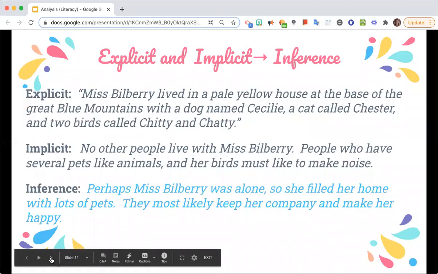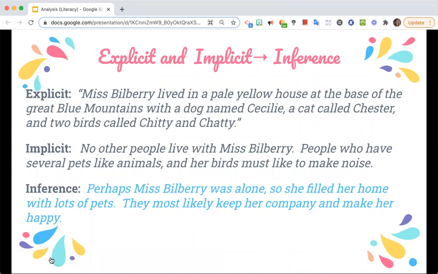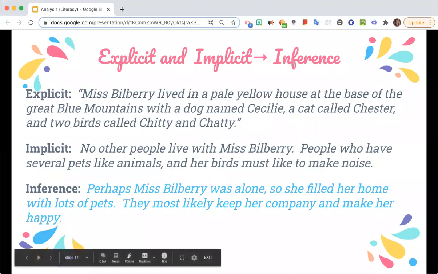So this is a possible inference. Perhaps Miss Bilberry was alone, so she filled her home with lots of pets. They most likely keep her company and make her happy. That doesn't necessarily have to be your inference, but that is my inference based on my life experience as well as the information that the author gave us in the explicit evidence.